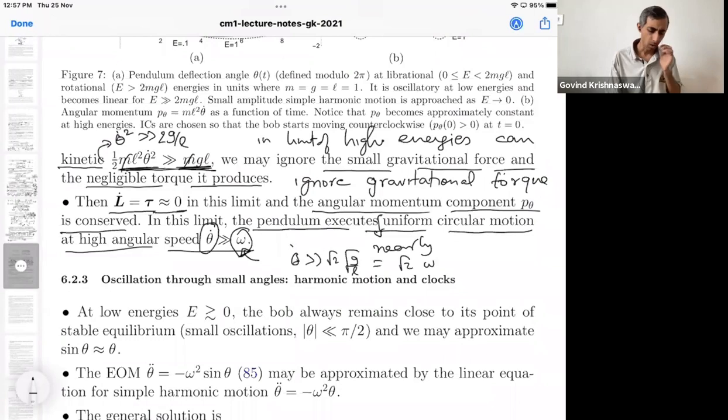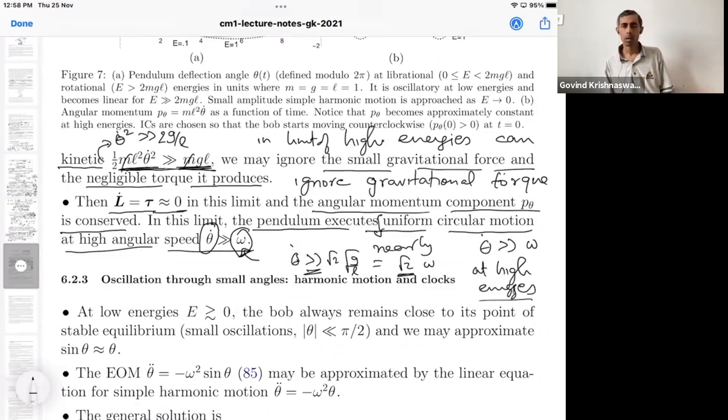If this inequality is satisfied, I can throw away the root 2 and conclude that theta dot is much, much more than omega at high energies. Is that argument okay? That at high energies, the angular speed is much more than omega.